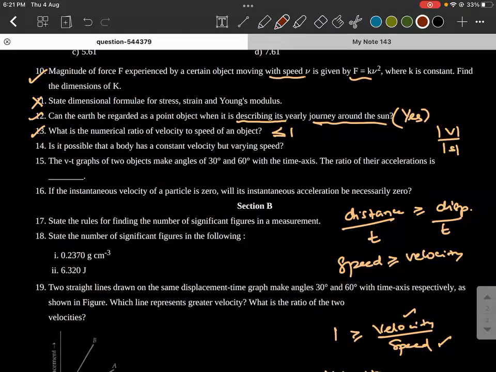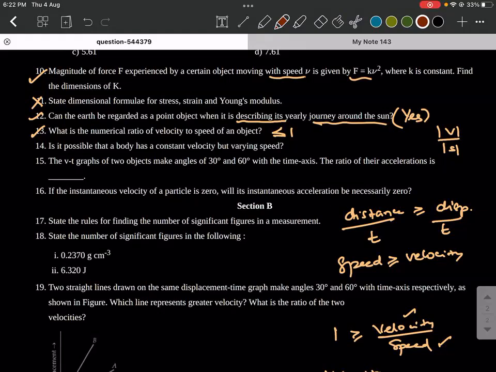I repeat it again. Distance is always greater than or, at the max, equal to displacement. When you travel from one point to another, irrespective of direction, the distance is always positive and keeps adding. Whereas if you go in the forward direction and come back, the forward direction is positive and the reverse direction is negative, so it gets subtracted and the overall value reduces.